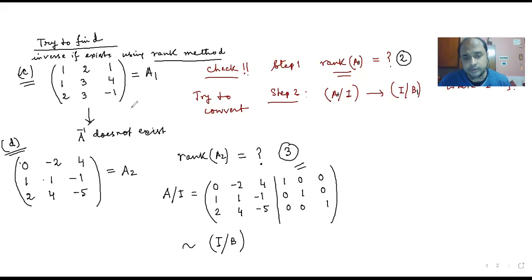So I'll ask you to select any 3 by 3 matrix from anywhere, and try to apply elementary row operations and column operations over there. To find the inverse, column operation is prohibited, but if it is a matter of finding rank only, then you can apply both the operations.